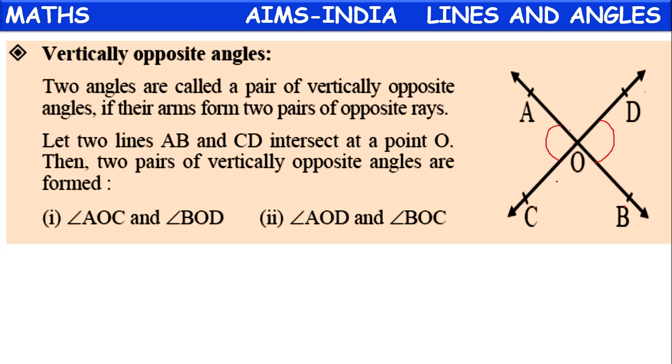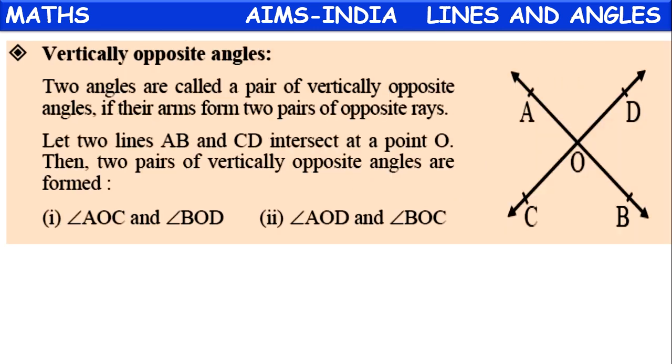This is one pair. AOD is vertically opposite to COB. This is the second pair. Like this, we have got two pairs of vertically opposite angles.